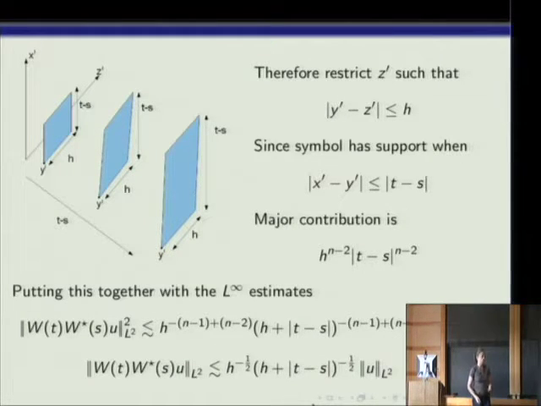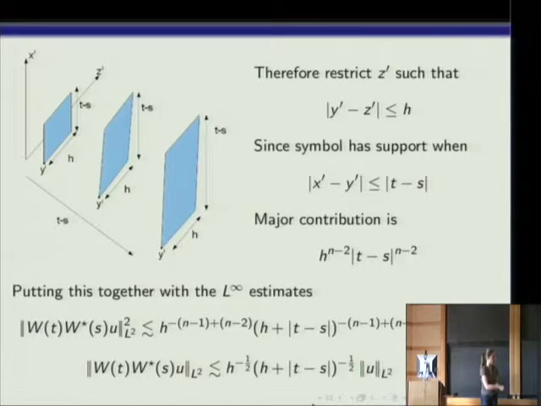When is there no oscillation? Well, that's when z dash is very close to y dash, and very close is of order h. Further, x can only be out to t minus s from y. So our concentration comes from this little area, and both z dash and x dash are n minus 1 dimensional. So the contribution is h to the n minus 1, t minus s to the n minus 2, sorry.